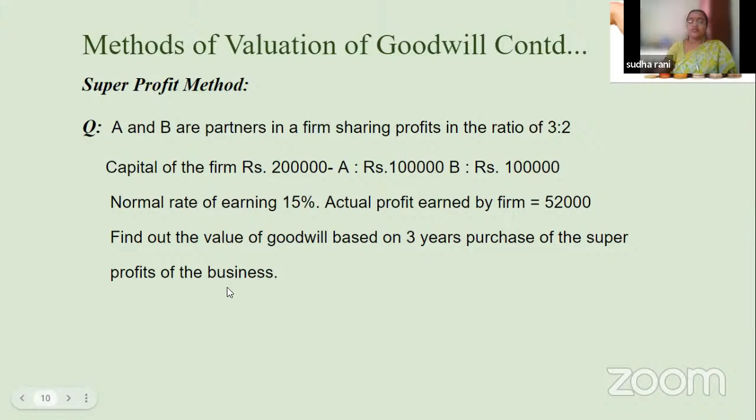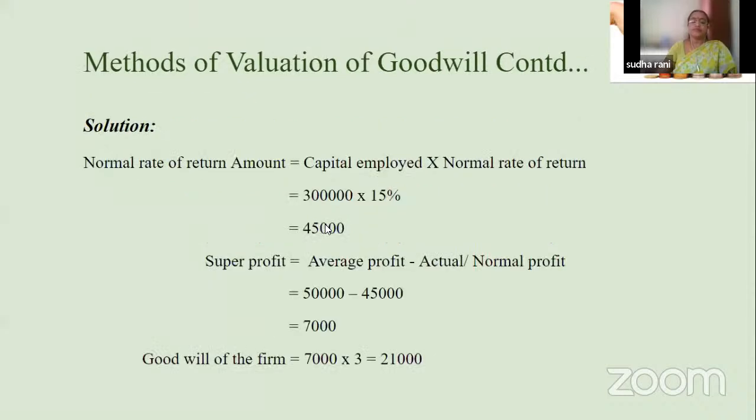Okay. So what is the actual profit? This is given. How do you get the expected profit? Actually by calculating this, it is concluded that the normal rate of return is 15%. That means on the capital, you calculate the 15%, and that's going to be the expected profit. Now let us see. First, you are supposed to find the normal rate of return amount.